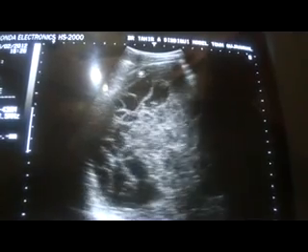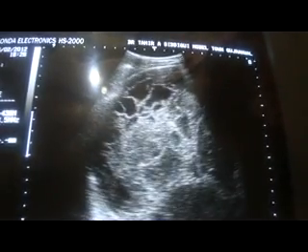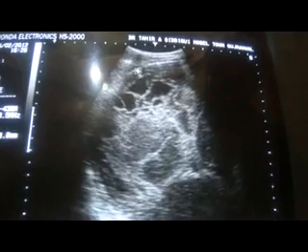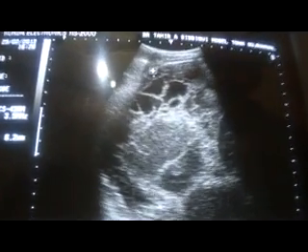So it has a hypoechoic thin wall around it. It measures 6.2 millimeters. So a 6.2 millimeters thick hypoechoic band around its capsule. This line is the capsule of the large cystic mass.